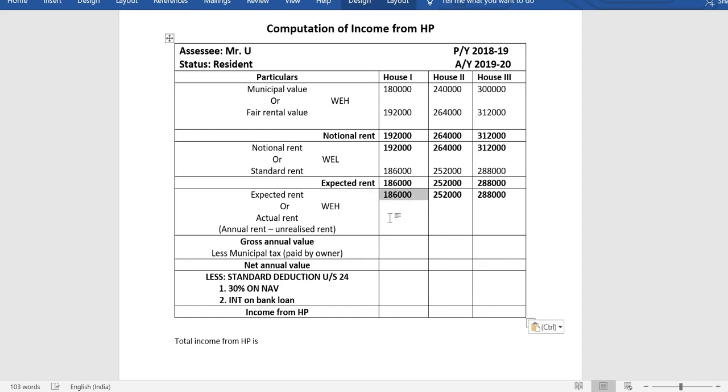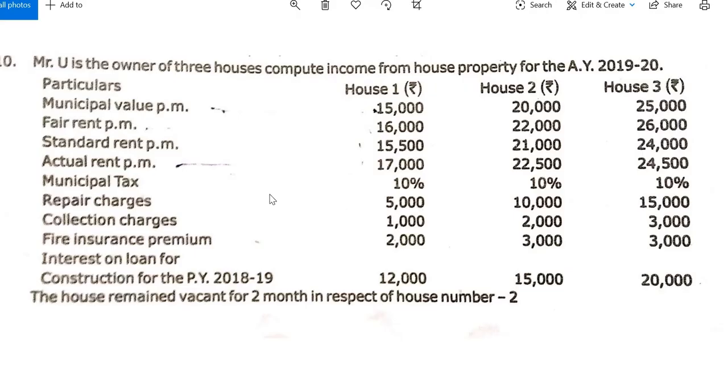So expected rent or actual rent. How much actual rent is given? Actual rent per month is given as 17,000, 22,500 and 24,500.